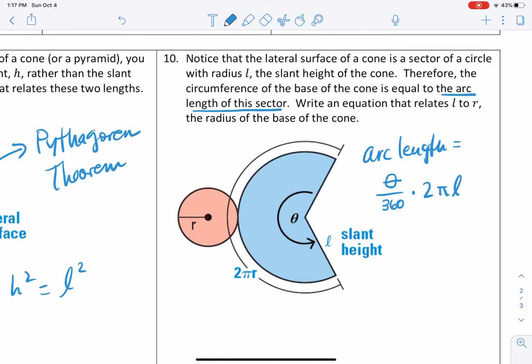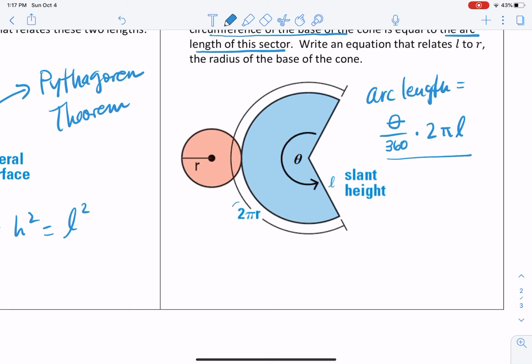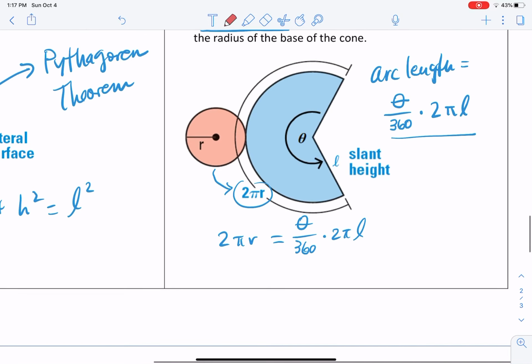That needs to be equal to the circumference of the base. I'm going to set that equal to the circumference of the base, which is already written out for me, right? That's the base circumference. So 2 pi R should be equal to theta over 360 times 2 pi times L. And I could leave it like this until I notice the fact that both sides have 2 pi, so I could divide it out.